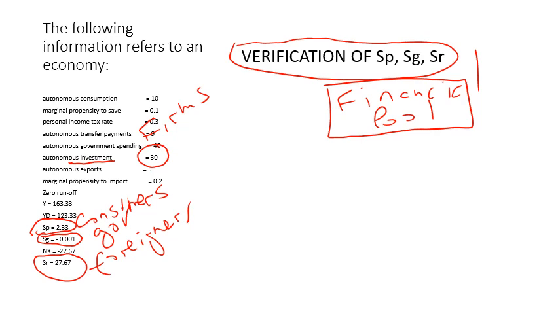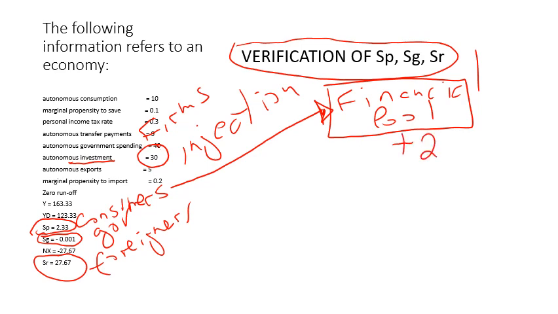So this $2.33 billion is going to go inside this financial pool. All right. So that's an injection. So that's going to be plus 2.33.